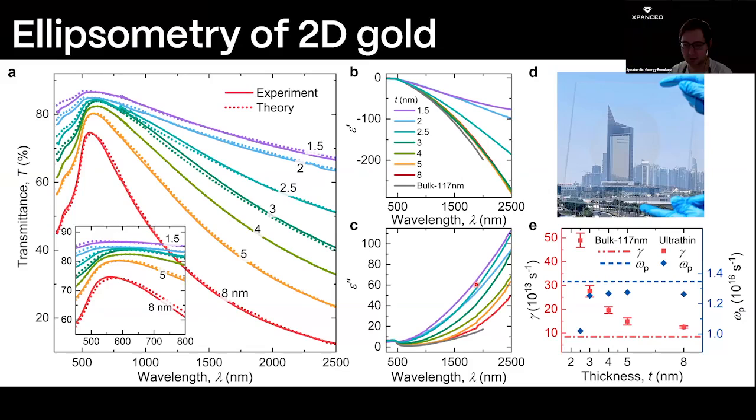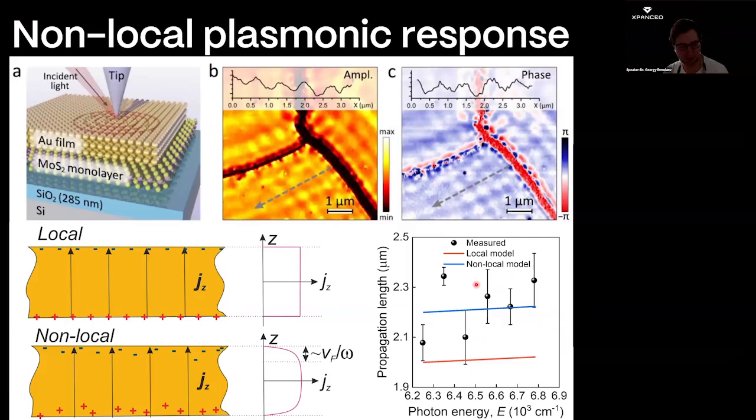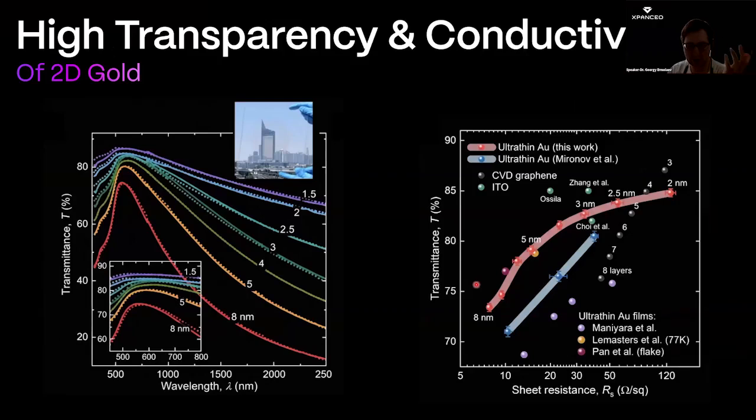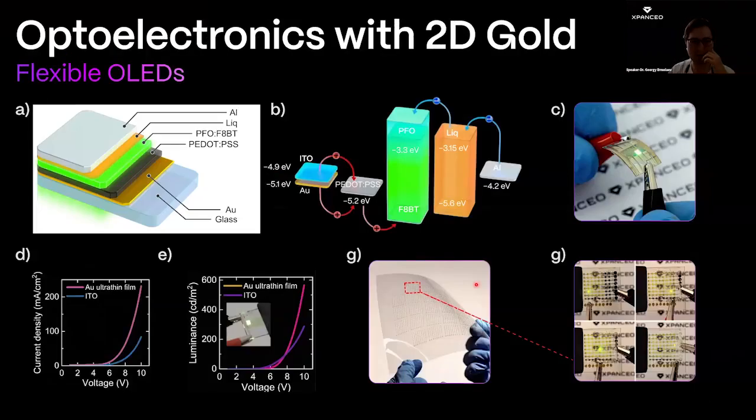Yes, it's a good question. Actually, we didn't observe any heating problems, for example, in OLEDs and other devices, but we didn't apply too much current. In OLEDs, if you apply too much current, it will burn your OLEDs.